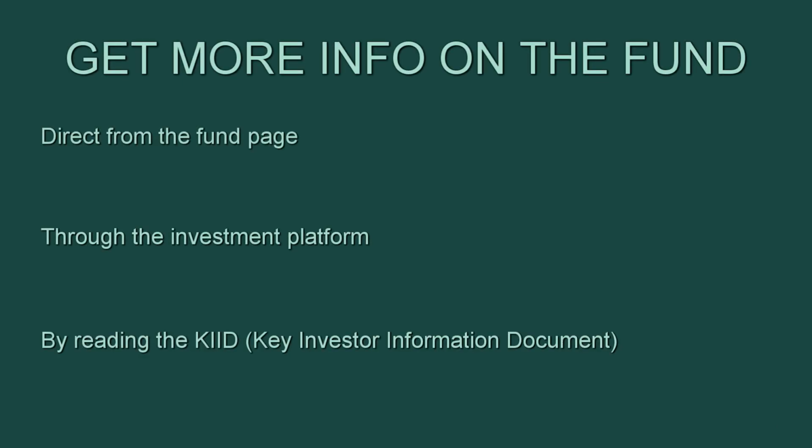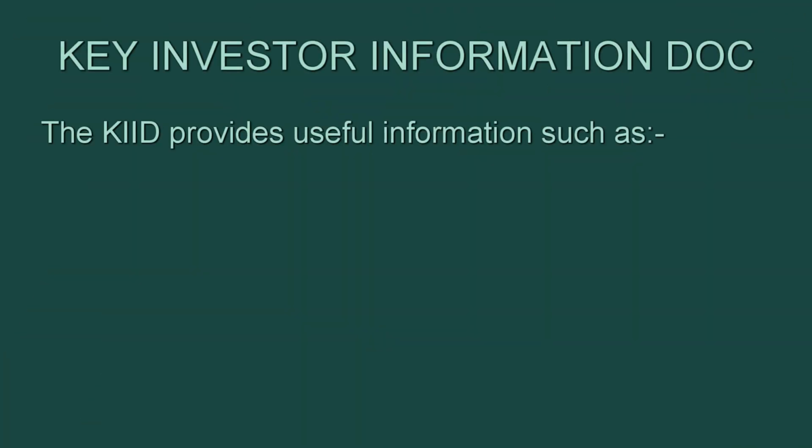To help you get more information on your fund, you can go to the fund's page, or if the fund is held on an investment platform, there will often be information on there also. Contained in each fund is a key investor information document, which you might see under the abbreviation of KIID. This has to be published on the fund's front page or as an attachment to the fund for it to be sold to retail investors like you and me.